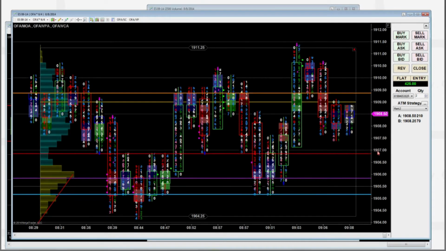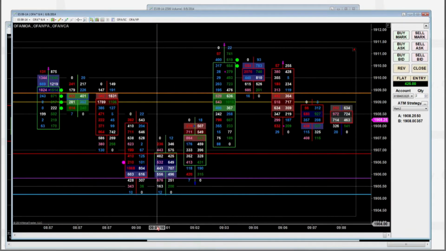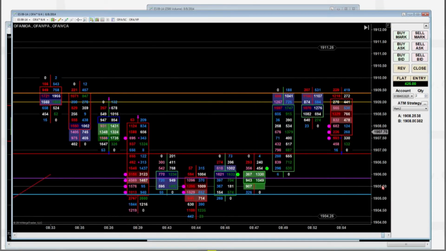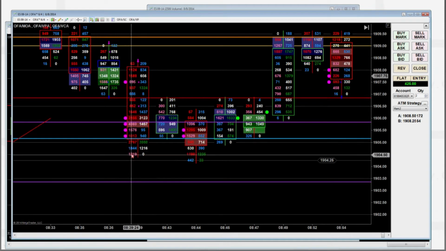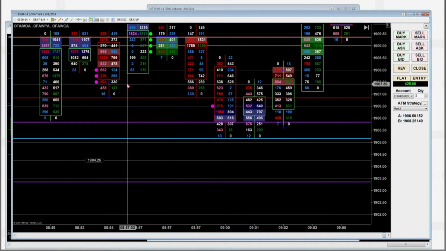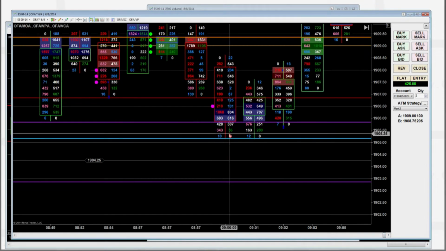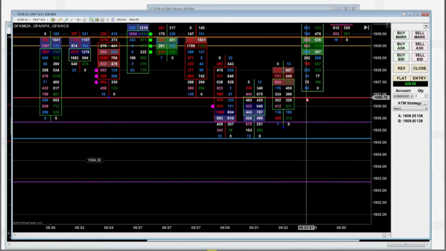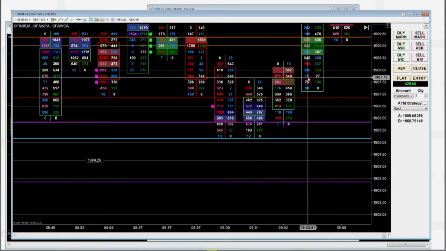In every single case as it tested lower, we had one time, the first time, where there was some strength at the bid. And then weakness, weakness, weakness, weakness. And then when it tested lower again, weakness, weakness, weakness, weakness. All of this weakness suggested to me that this was going to come up.